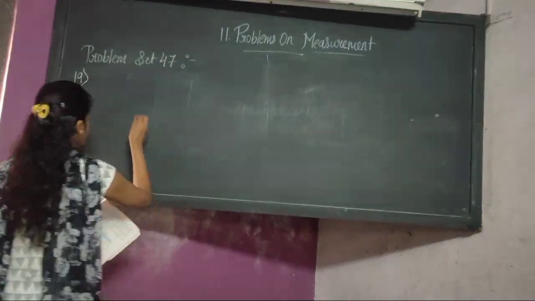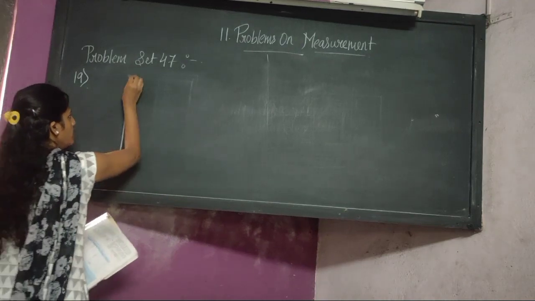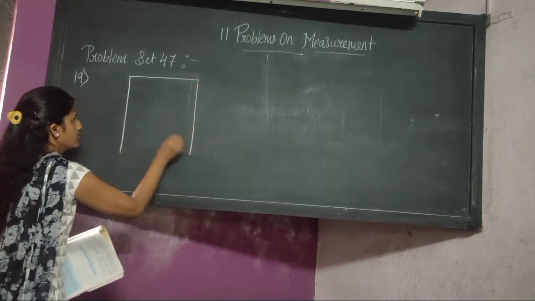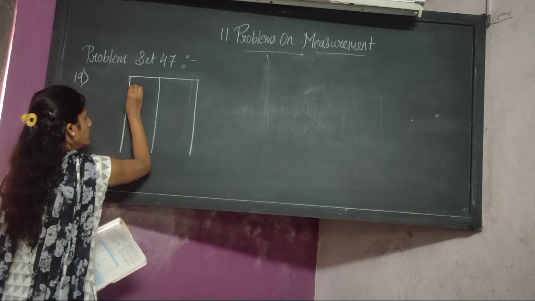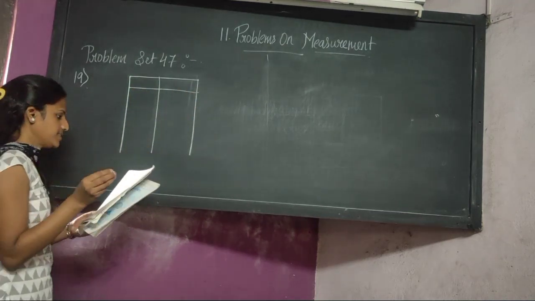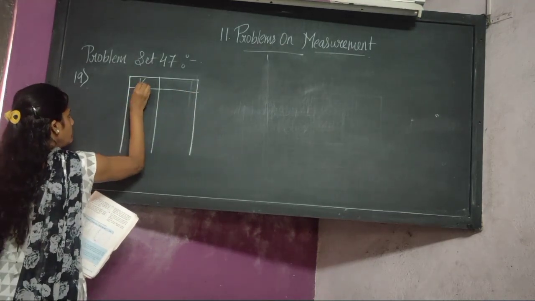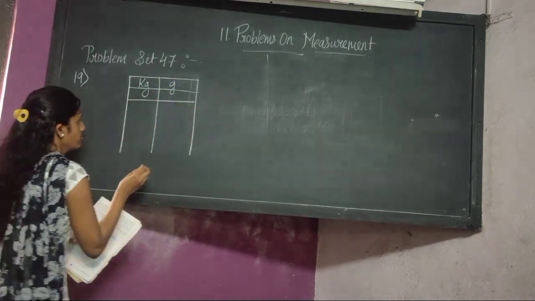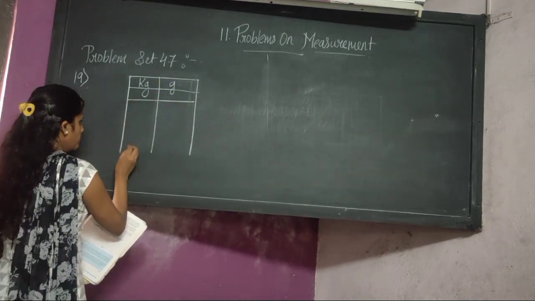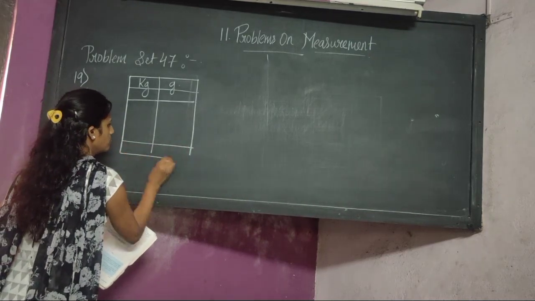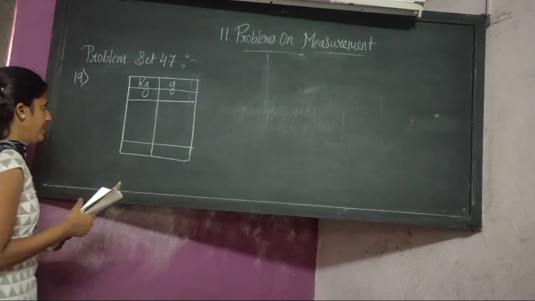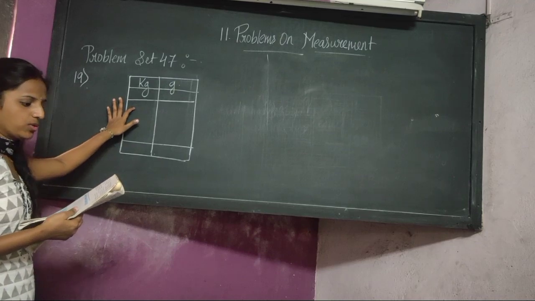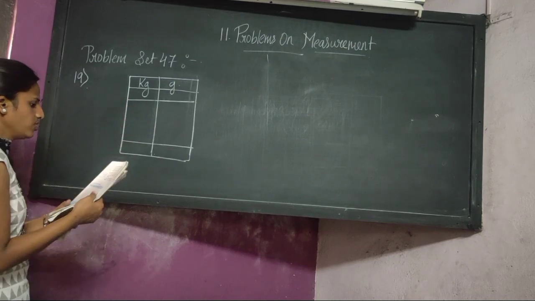Now let's do. Here you can draw a table. The first will be for units, that is kilogram and gram, and one for carryover. The three weights are there, so we will leave more space. First we will write for tomatoes, then peas, and then for cauliflower.